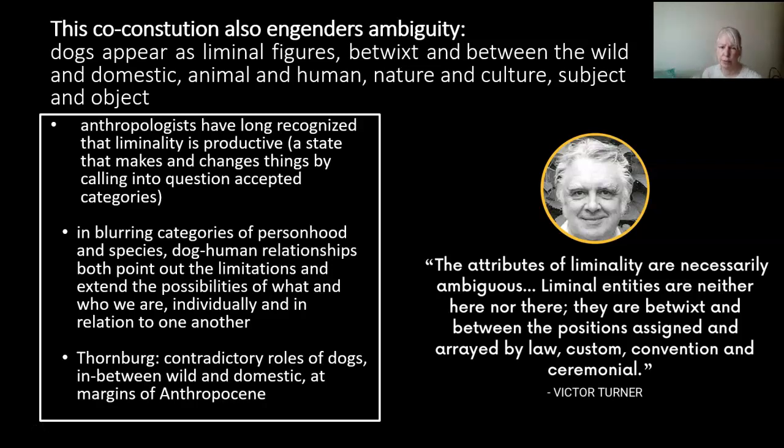So Thornburg in that piece is really talking about dogs as on the margins of the Anthropocene, and in some ways as human-made entities, but also as entities that change humans and that tie humans still somehow to nature or to the wild, to the undomesticated. So again, that ambiguity is a sign of the power of that particular juncture of relationships between people and dogs.